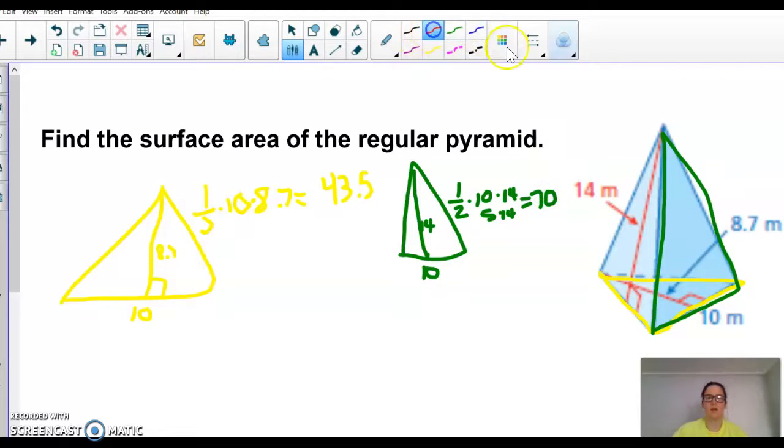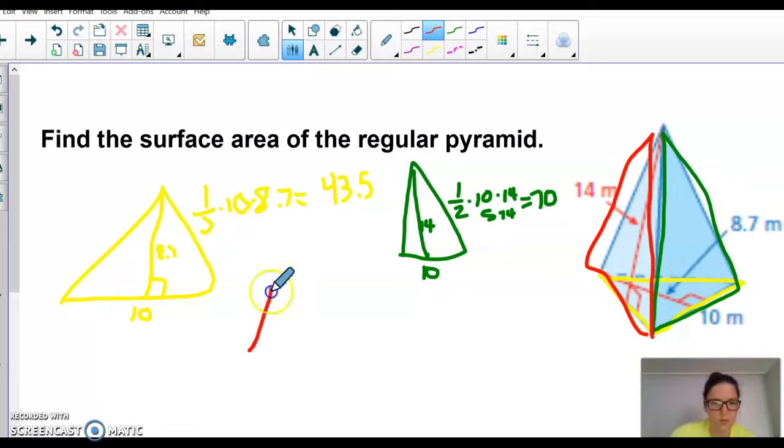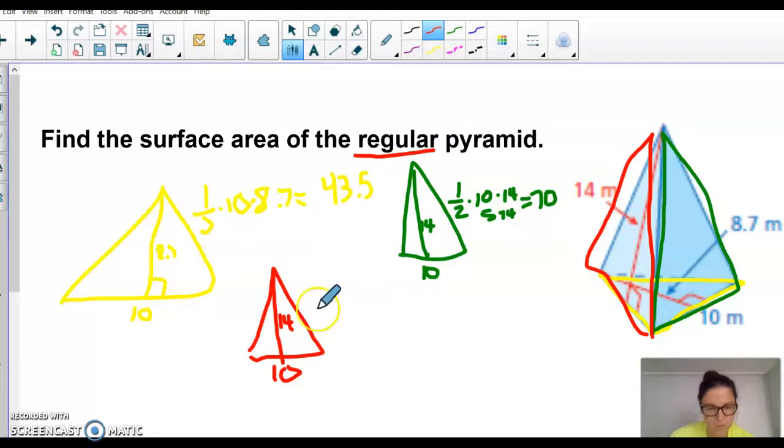And then the front triangle right here with the slant height given to it, that is going to be, again, slant height is 14, and that base is 10 because it says regular pyramid. So that's going to be 1/2 times 10 times 14, which is 5 times 14, which is 70 as well.